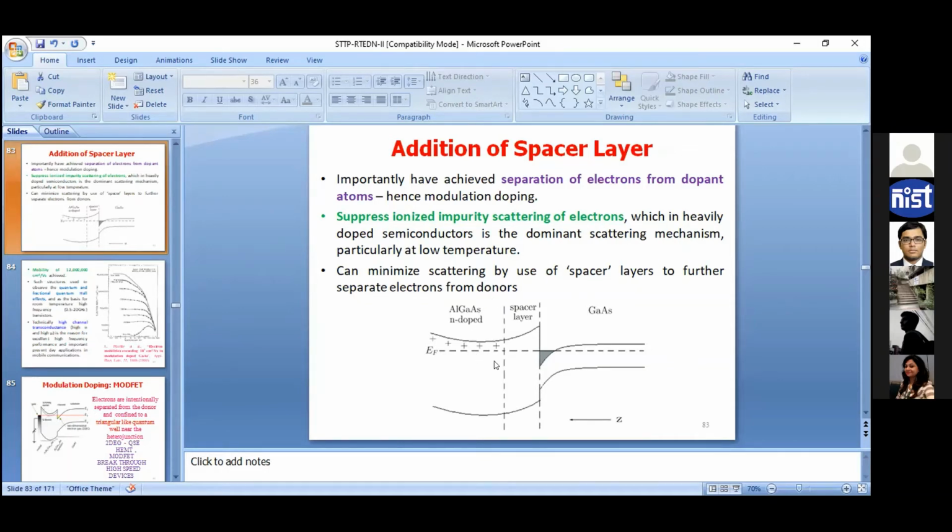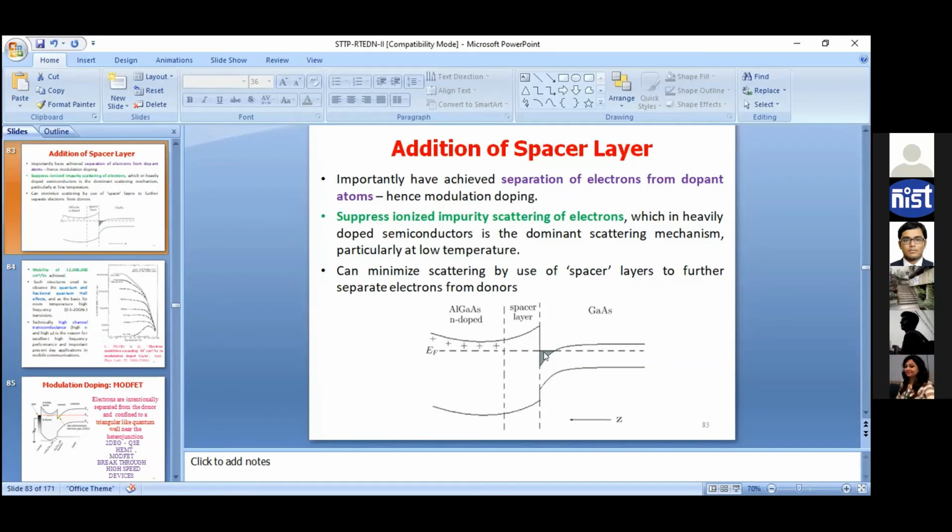Specifically, we get this in the HEMT structure, the MOSFET structure. This side is AlGaAs. If you increase the alloy concentration in the barrier, then after a certain concentration, around 0.42, this AlGaAs becomes an indirect semiconductor. When the alloy concentration increases, instead of the electrons coming to GaAs, some of the electrons will be trapped in the barrier.